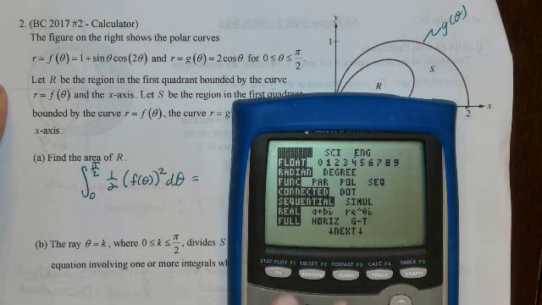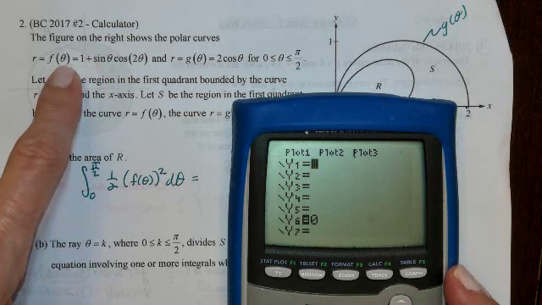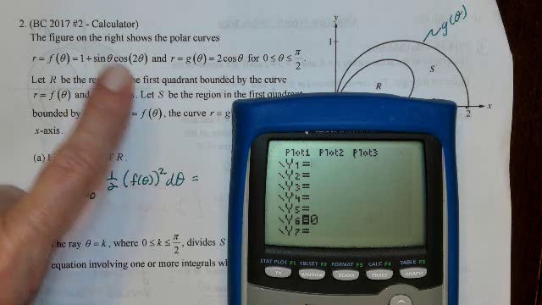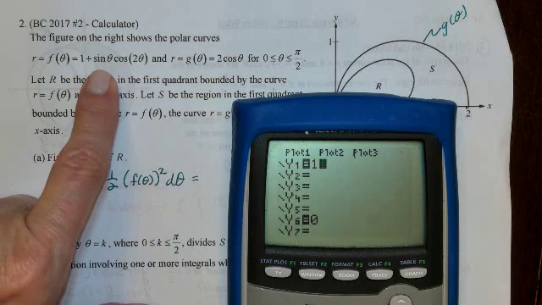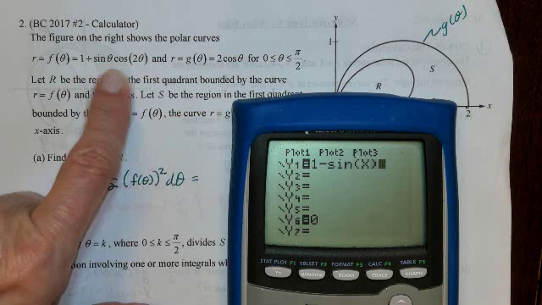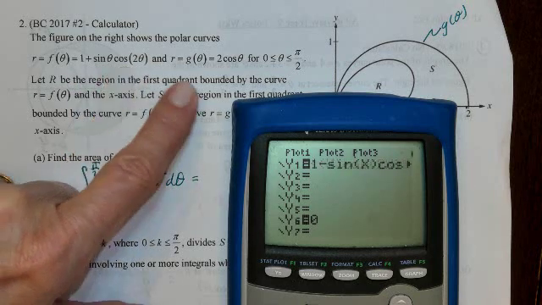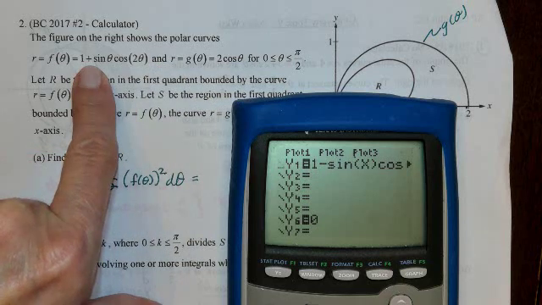And now in your calculator, I'm going to put my f equation in for y1 with x representing theta, and I'm going to put the g equation in for y2. So 1 minus sine x cosine 2x. 1 plus. Ooh, I'm glad I caught that. So I always go back and make sure I'm putting these in right.